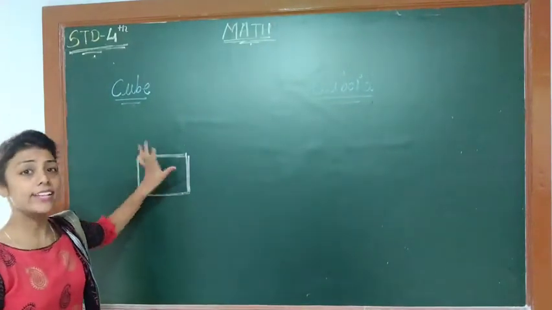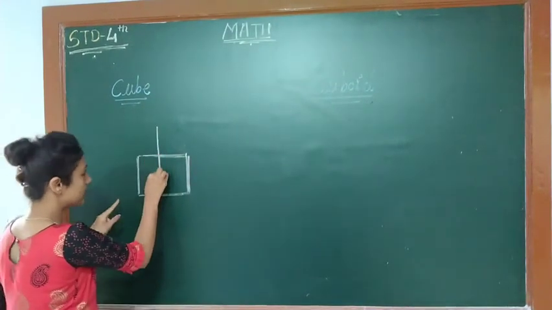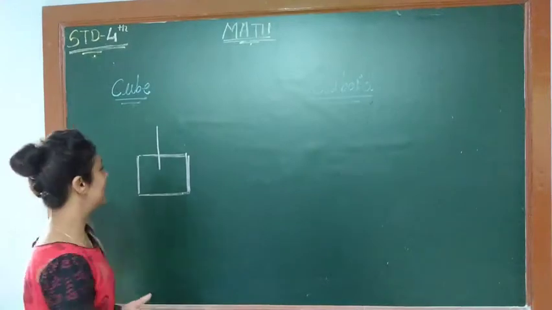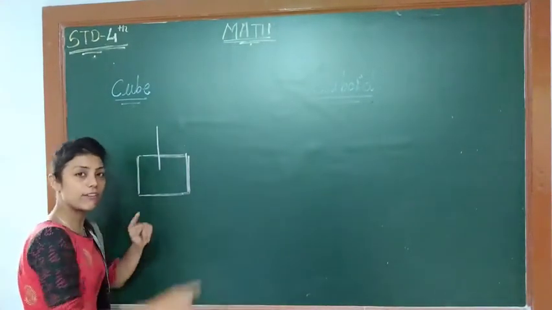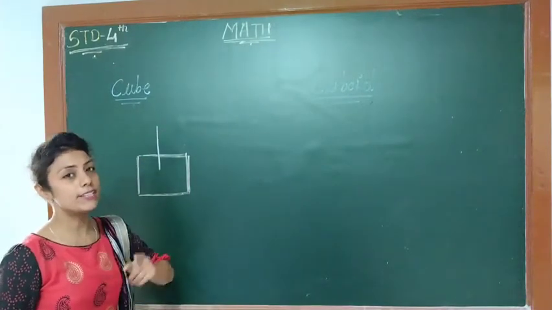One square and then the other square. In the middle of this, draw the other of the same size. If you are taking this first square 5 cm, then take the second square also exactly the measure 5 cm.